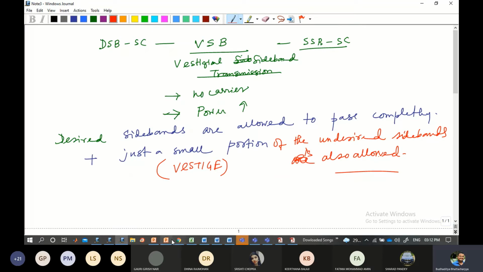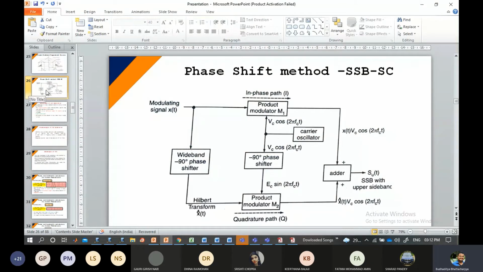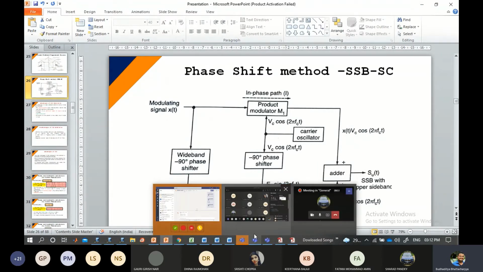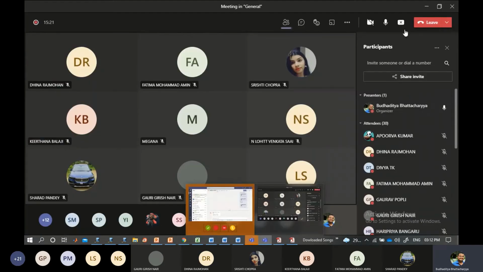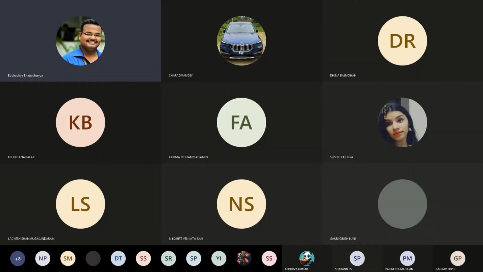So hopefully I have the diagram with me. No, I don't have the diagram here. Let me you just give me 1 minute. I'll just show you the diagram in 1 minute. Okay, I'll just stop sharing. 1 minute, you give me, because otherwise I have to draw once again, which will take some time.